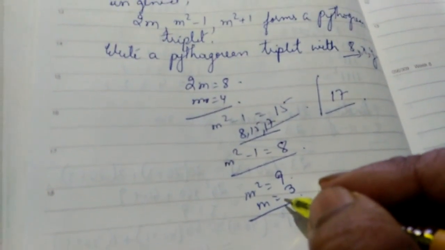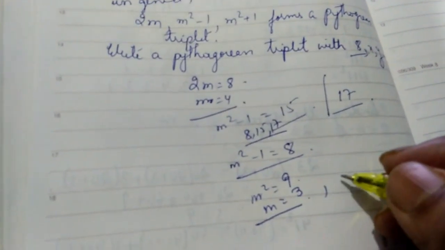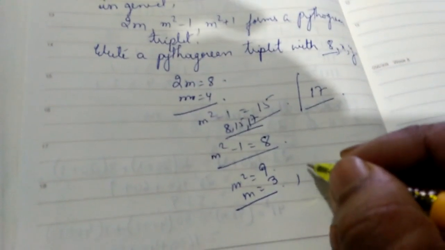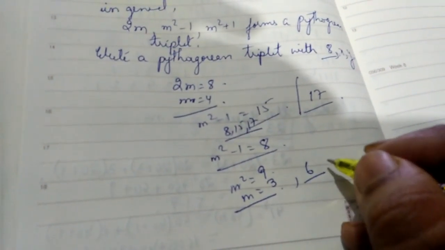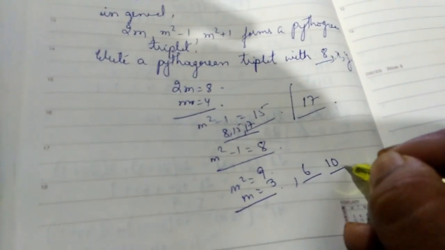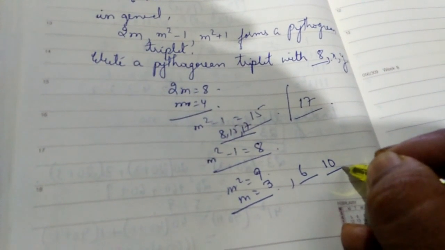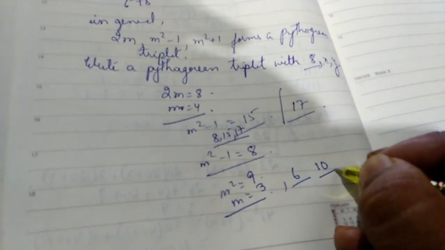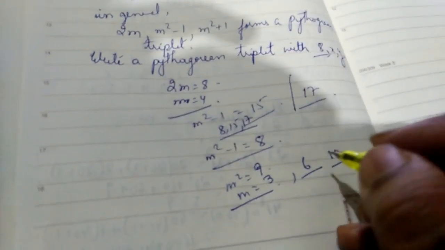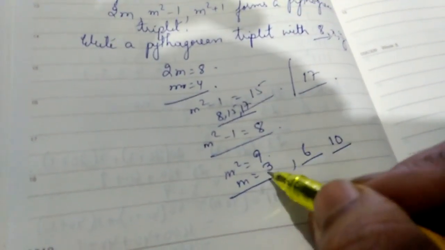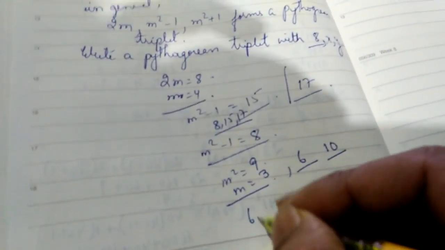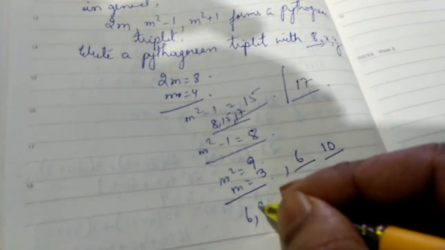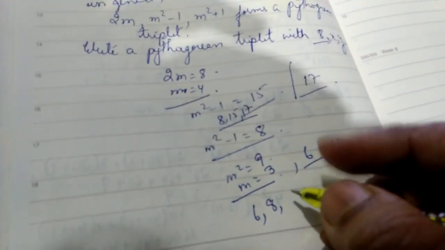Now 2m is equal to 6. M square minus 1 is 8. M square plus 1 is 10.